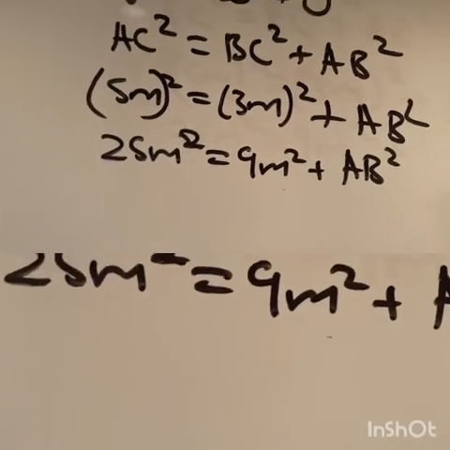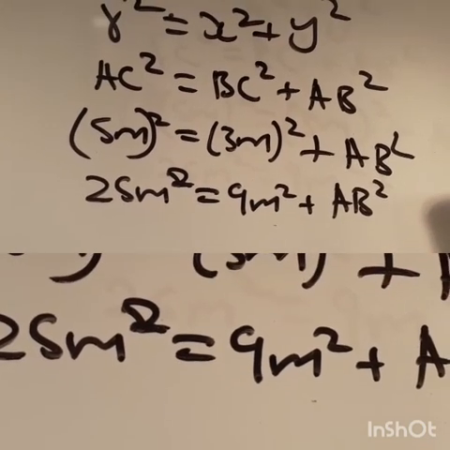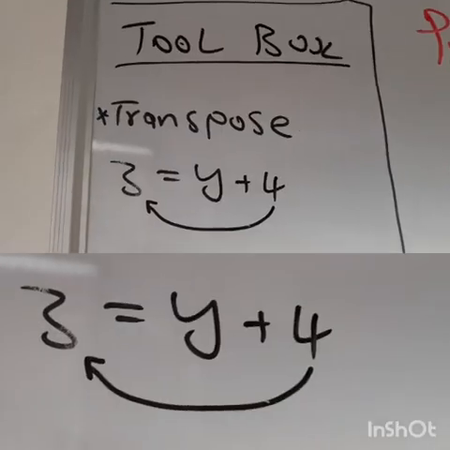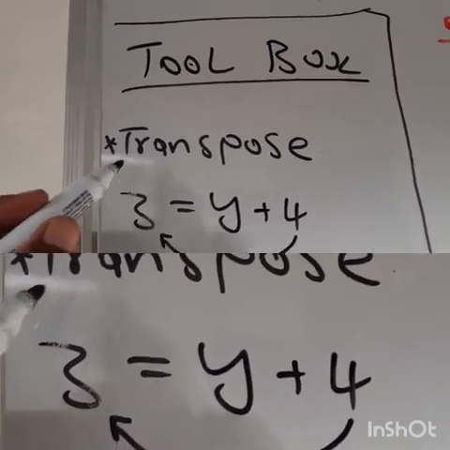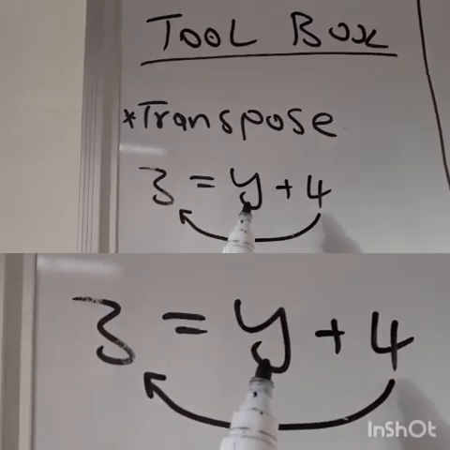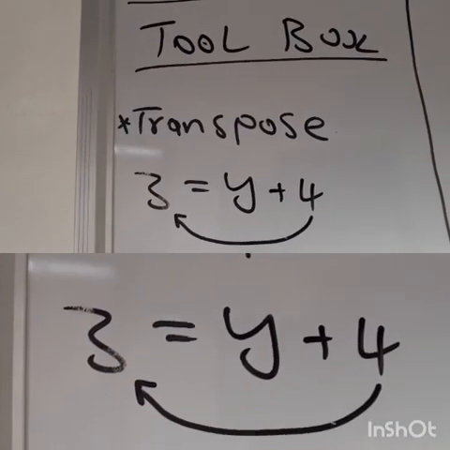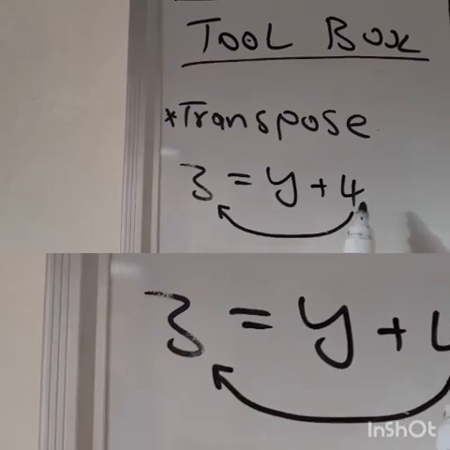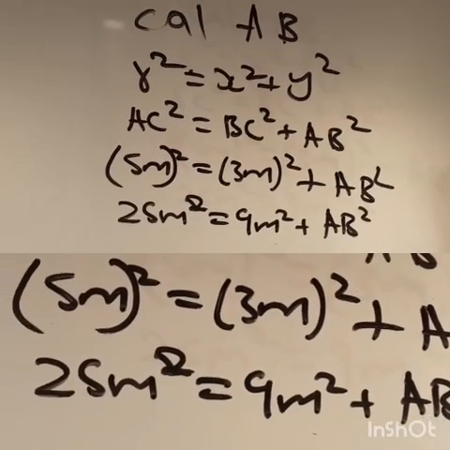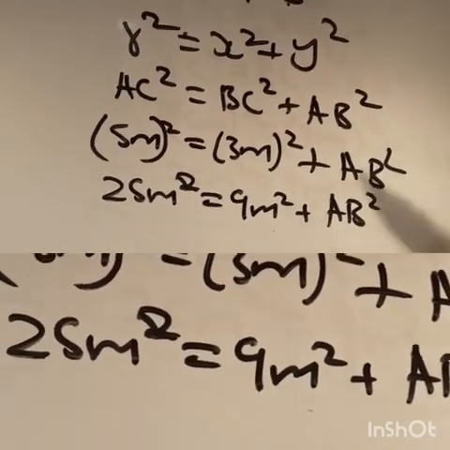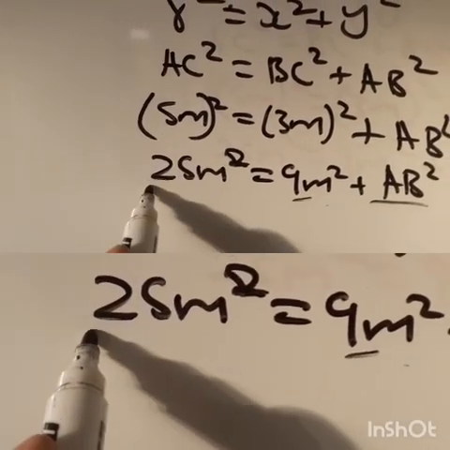Now you notice this is where transposing comes in. Let's go back to the toolbox and check the toolbox. Remember the toolbox. When we're dealing with transposing, it means variables must be on one side and numbers must be on the other side. So in this case, I'll be moving this number to this side. Okay, back to our example. These would be my variables, these are my numbers, right?